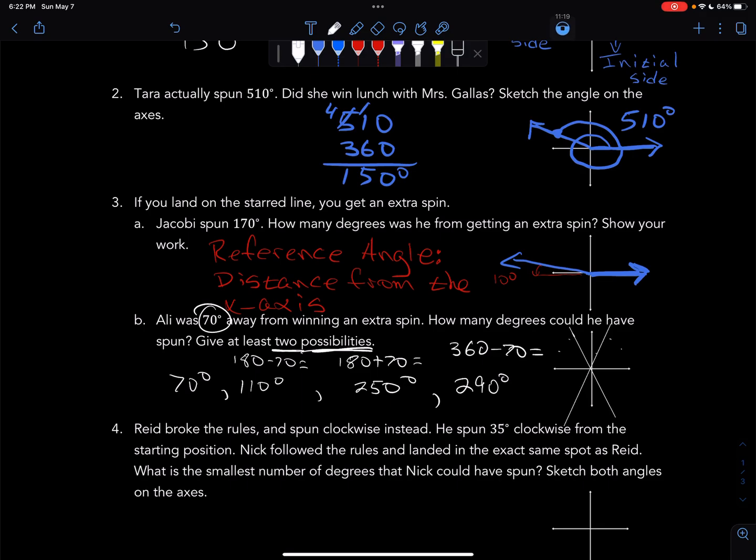And still gives us that reference angle of 70 degrees here. So what they're kind of left out for us is telling us that the extra spins, like these were the starred spots on their little spinner chart.